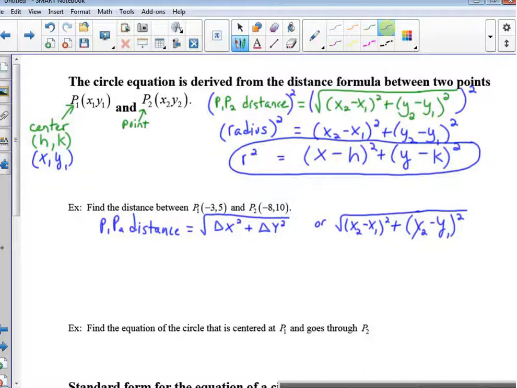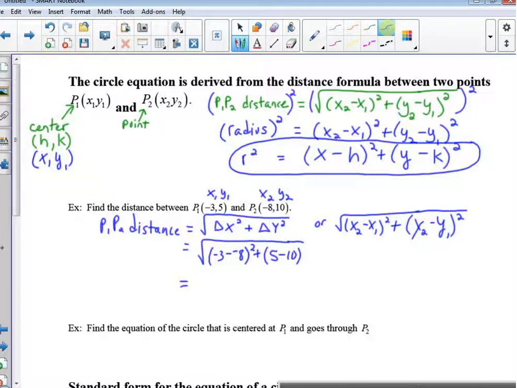Those are the same. So if we take the change in the x's, it has to be in the same order. If I go negative 3 minus negative 8, and then I go 5 minus 10, it should be the same no matter what. This could be like x1, y1, x2, y2.